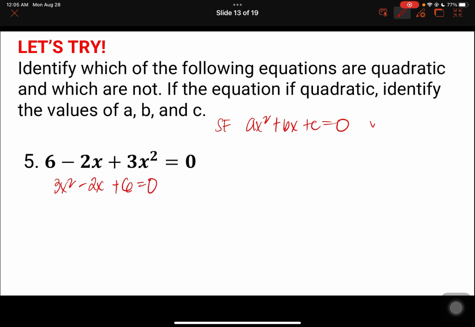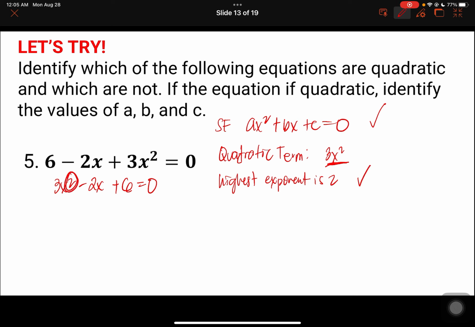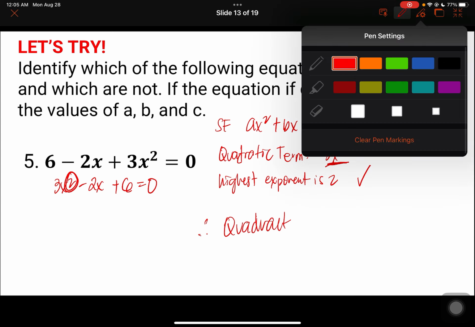So, naka-standard equation na. Then, check natin kung may quadratic term ba. Yes po, may quadratic term tayo, si 3x squared. And, ang highest exponent pa is 2. Yes, 2 na po yung pinakamataas. Therefore, it is a quadratic equation.